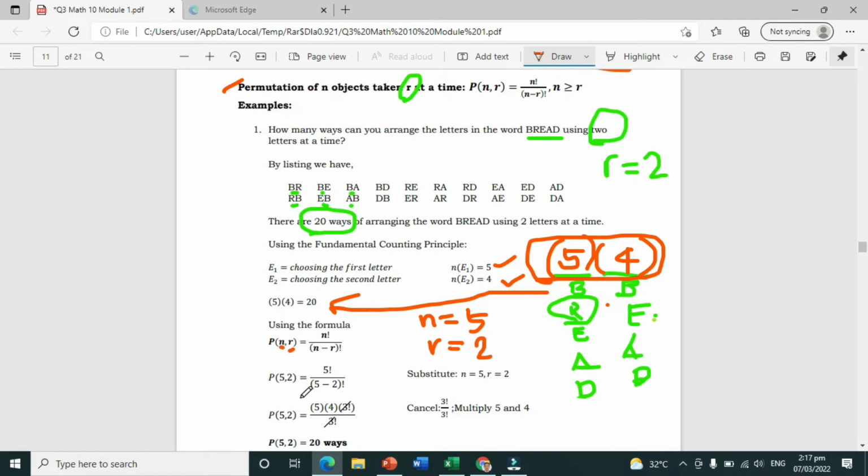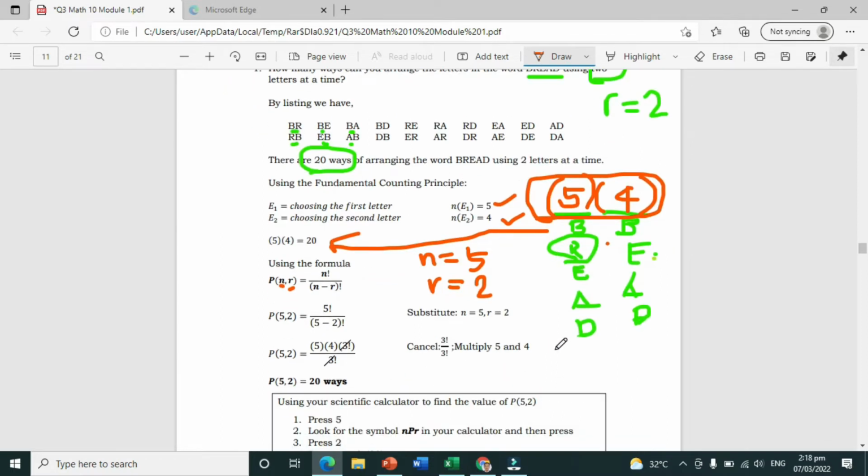Sa P52 naman, ang n natin is 5. So, n factorial. So, 5 factorial over, ang n again is 5 minus r. Ang r natin dito is 2. So, 5 minus 2 is 3. 3 factorial.